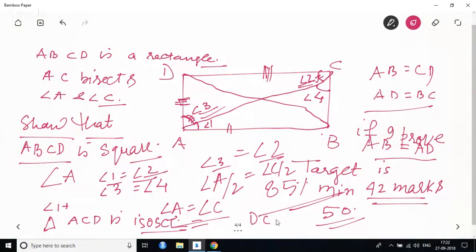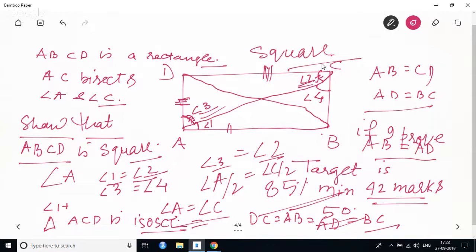That is DC. DC is also equal to AB, and that is equal to AD, and AD is also equal to BC. So I have proven that all sides are equal. Angles are already 90 degrees. That can only happen in the case of a square. So you prove that in this particular case it is a square.